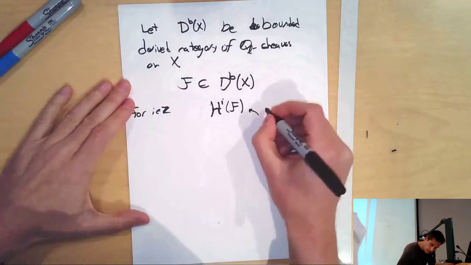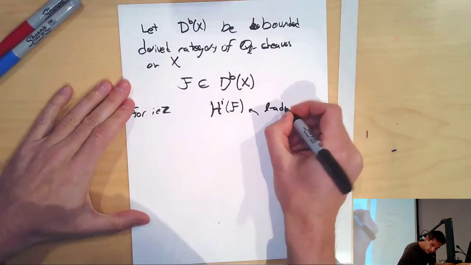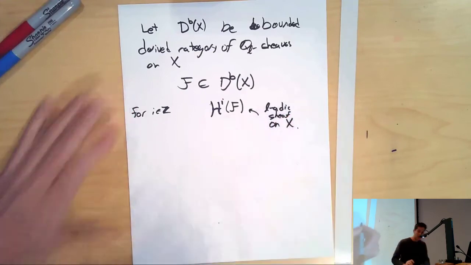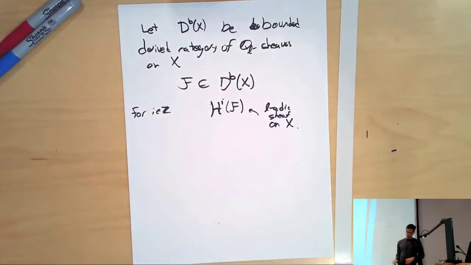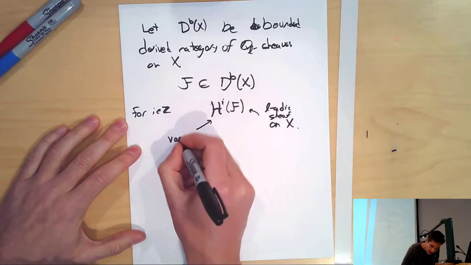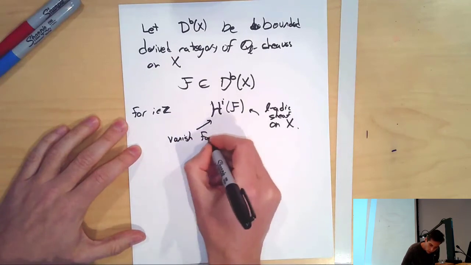So this is going to be an l-adic sheaf on X in the sense of the previous slide. And now this symbol b indicates that I want to consider the bounded derived category, meaning that these cohomology sheaves vanish for almost all i.